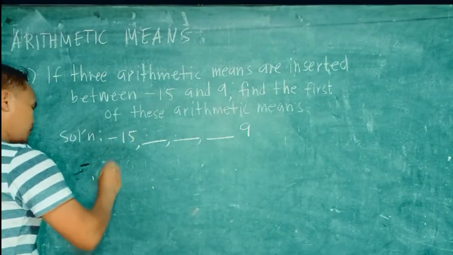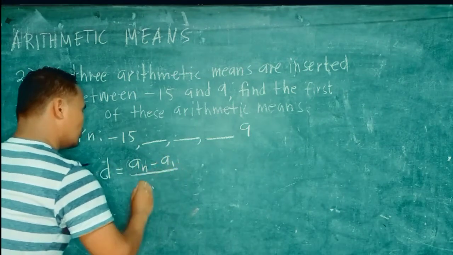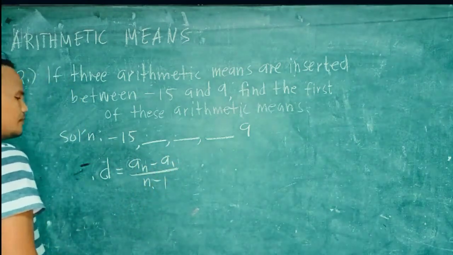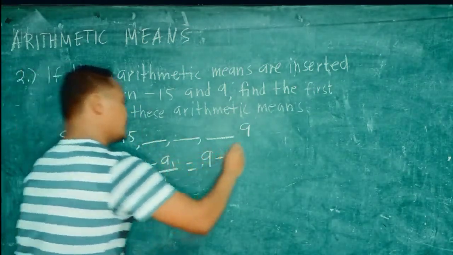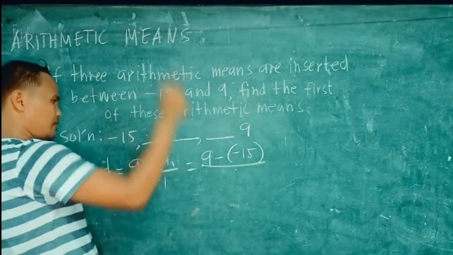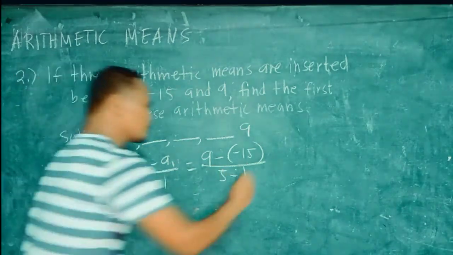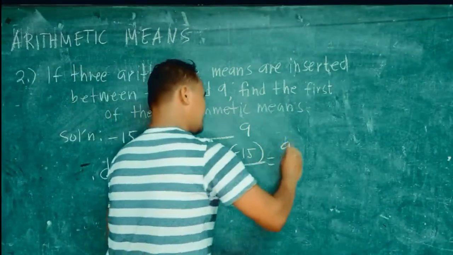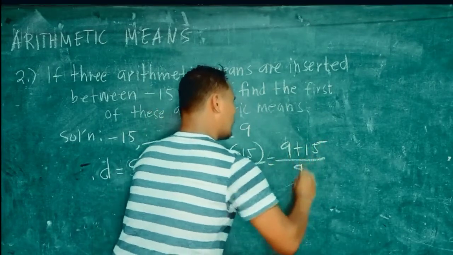Let us use the shortcut one. d is equal to a sub n minus a sub 1 all over n minus 1. Substitute: 9 minus negative 15 over, there are 5 terms because we are inserting three.